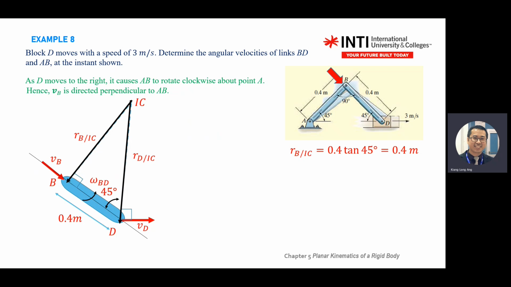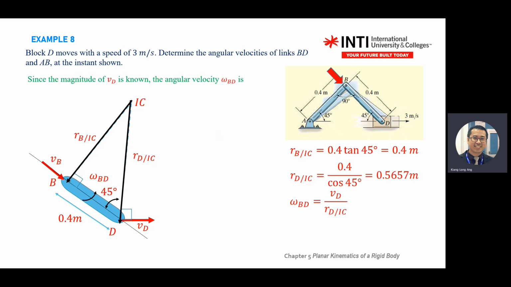This is 90 degrees. Okay, here is 90 degrees, because you use your ruler to point to the IC. So you get a triangle. The rest is just mathematics. You find how long this one is, how long this one is by trigonometry. Then you do the calculation.